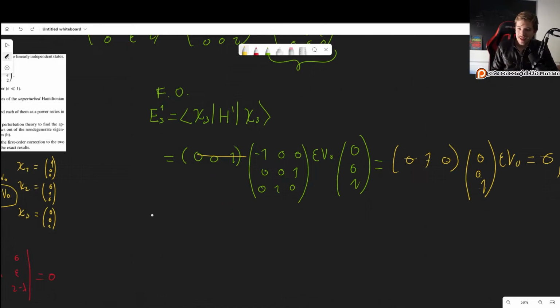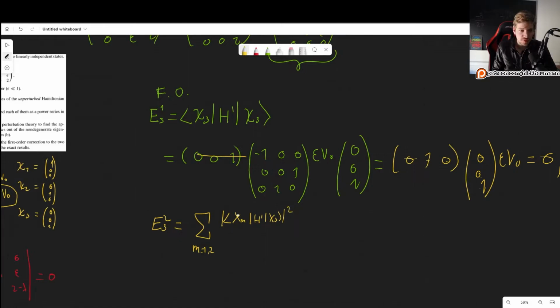Now, the second order perturbation theory, as you might recall, is the sum from m equals 1 and 2, right? It goes all the way up to our state. And we have the modulus of the inner product of the other states, chi m with our perturbation Hamiltonian and chi3.